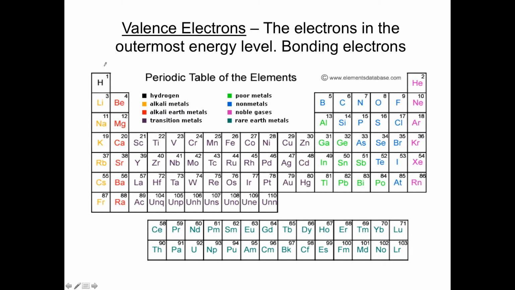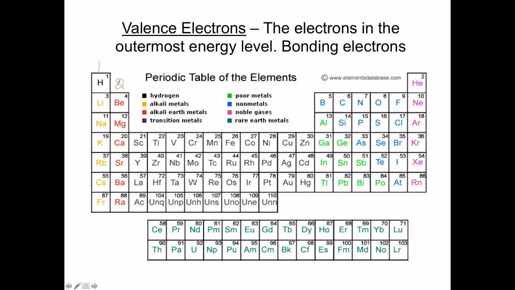So let's start over. I'm in the hydrogen column here, and I'm going to add a number 1 right here. What this means is that every element in this column has 1 valence electron. The next column over, the column that has beryllium in it, I'm going to put a 2.